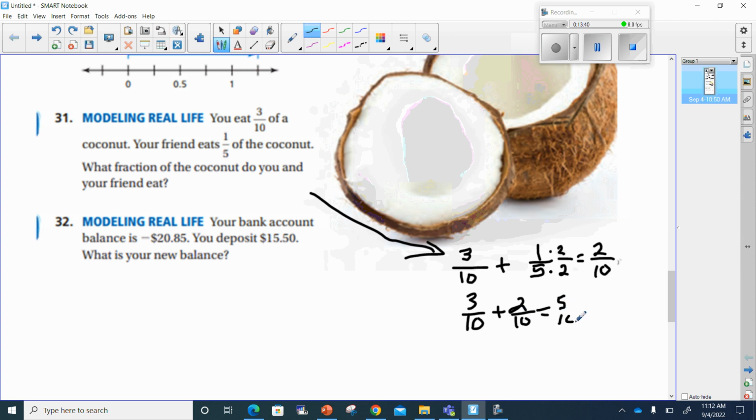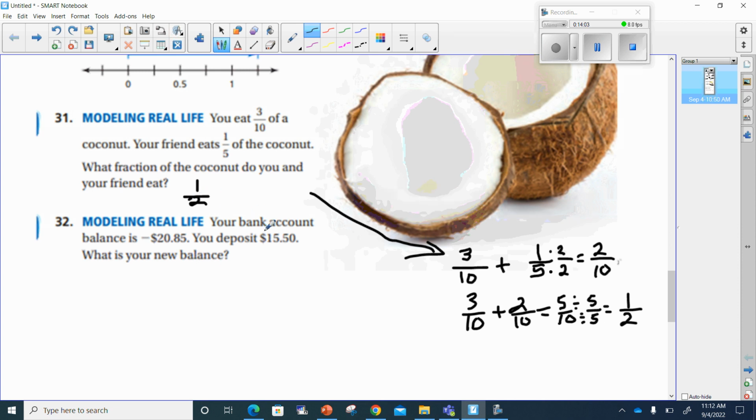We all know that 5 over 10 can be divided by 1 in the form of 5 over 5. Because 5 and 10 are divisible by 5, this gives me 1/2. So if it asks what fraction of the coconut you ate, you ate 1/2 of the coconut.